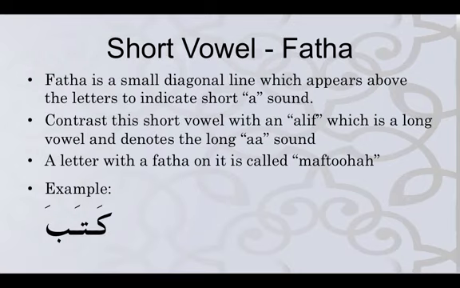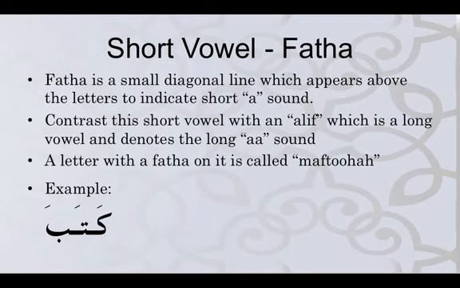Also, whenever a letter has a fatha on it, this small diagonal line that appears above the letter, the letter is called maftuha. As an example, I have given you here the word kataba, which means to write.